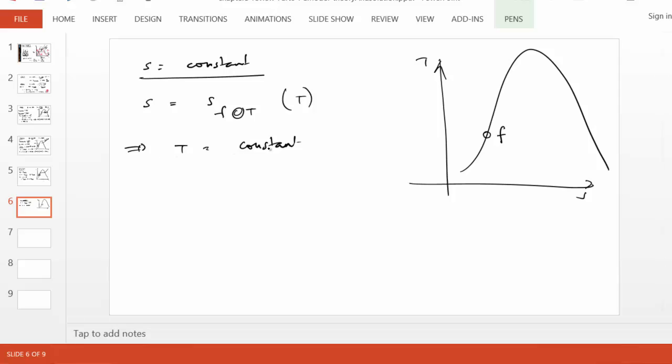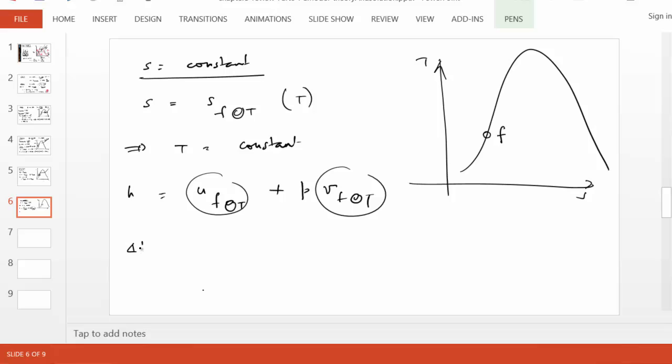If temperature remains constant, you can see that enthalpy becomes, so if temperature doesn't change, this part and that part don't change. So therefore, the change in enthalpy, suppose between two states, H2 minus H1 of a liquid, these terms will get cancelled out, and you can see it will become P2 minus P1 times Vf at T. So if you want to find enthalpy of a liquid, this becomes a very handy formula.